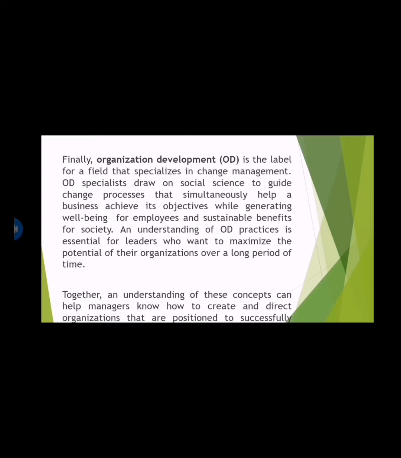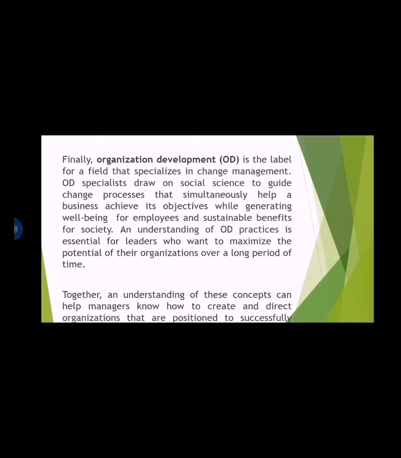Finally, organizational development is the label for a field that specializes in change management. Organizational development specialists draw on social science to guide change processes that simultaneously help a business achieve its objectives while generating well-being for employees as sustainable benefits for society.